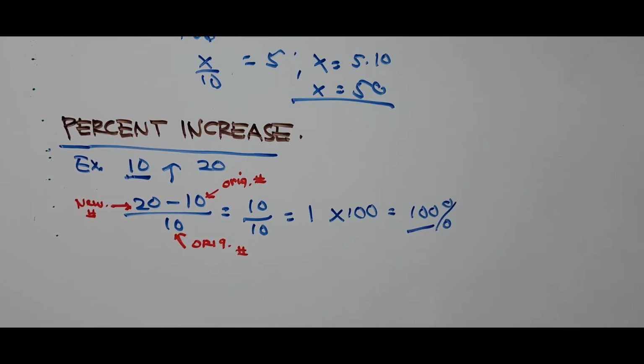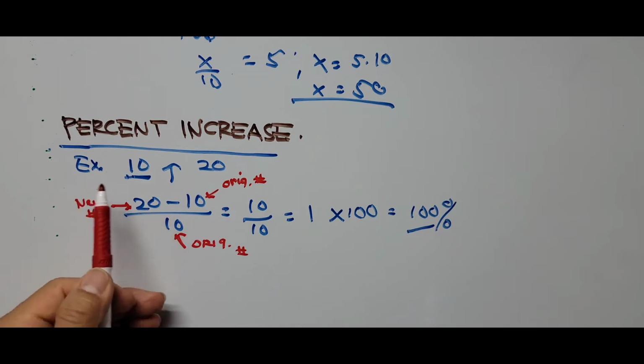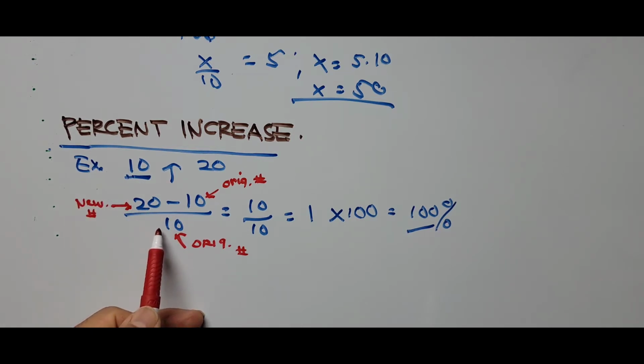Okay, so in finding the percent increase, all we have to do is subtract the original number from the new number, or new value, divided by the original number. So our guide here is that the denominator will always be the original number. That's what it means. The original number should always be on the denominator.